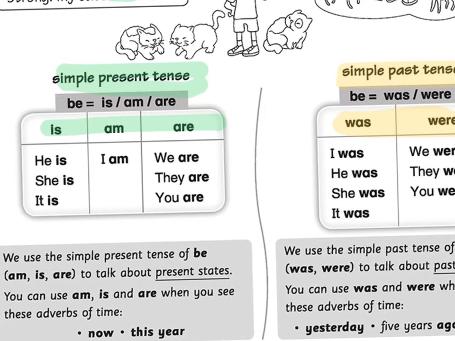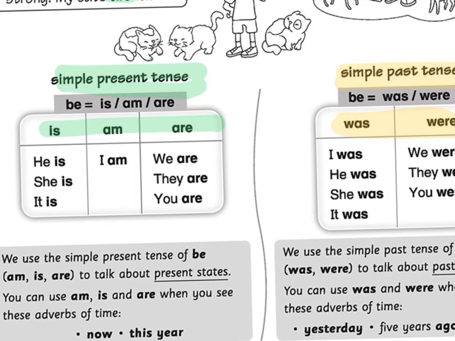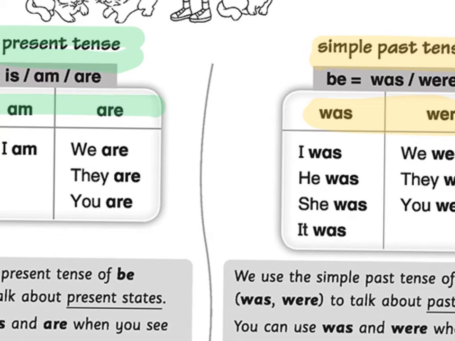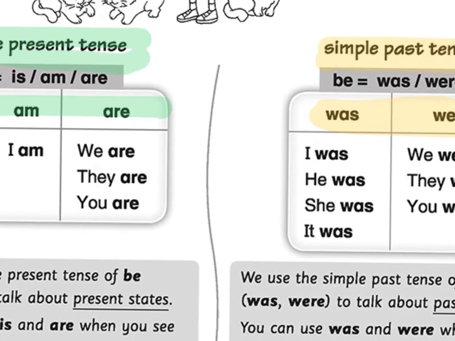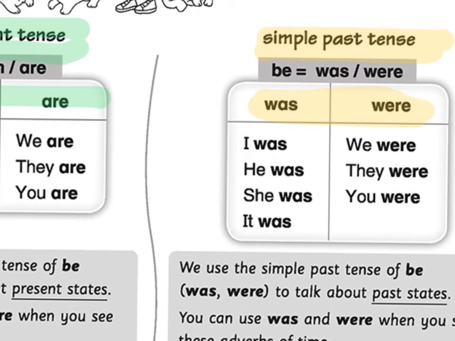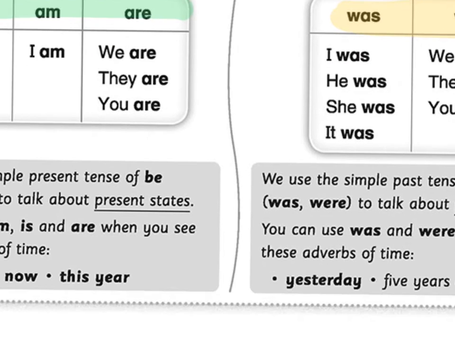And you can take it this way: the past tense of am and is, we change it to was. So I was, he was, she was, it was. And for the past tense of are, we change it to were, W-E-R-E, okay, were.